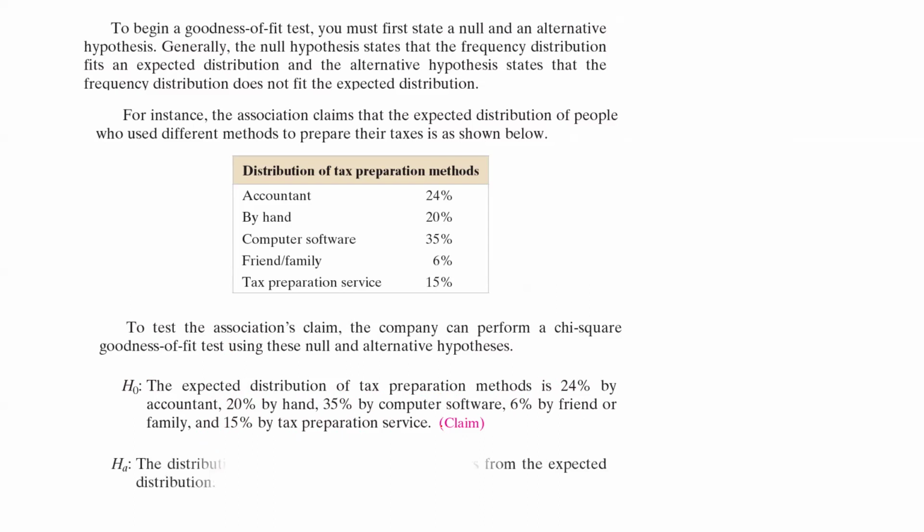This is the claim. Its opposite, the alternative, is that the distribution of tax preparation methods differs from the expected distribution. Our goal is eventually to test this claim.